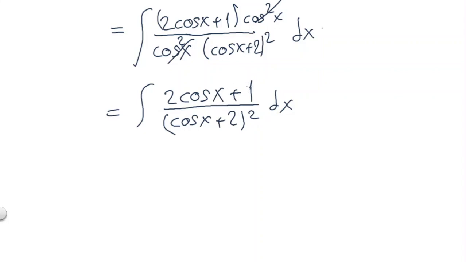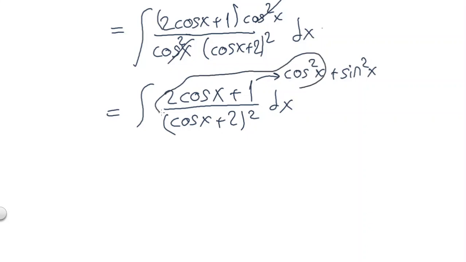I know that in trigonometric integrals, this may not just be 1, but maybe this will be cosine squared plus sine squared. Why is it useful? Because if I think about the first part with cosine, when I take cosine out in parentheses, I will get cosine x plus 2 and it will simplify with this one.